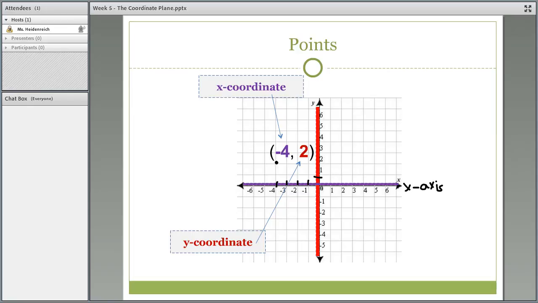Y is 2, so we would go up 2. Now, as a reminder, it does matter which order you list it. The point (2, -4) would be a different point than the point (-4, 2), because it would tell us different directions on the x-axis and the y-axis.